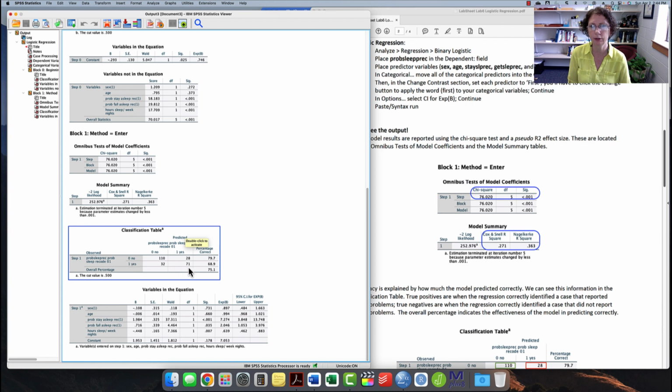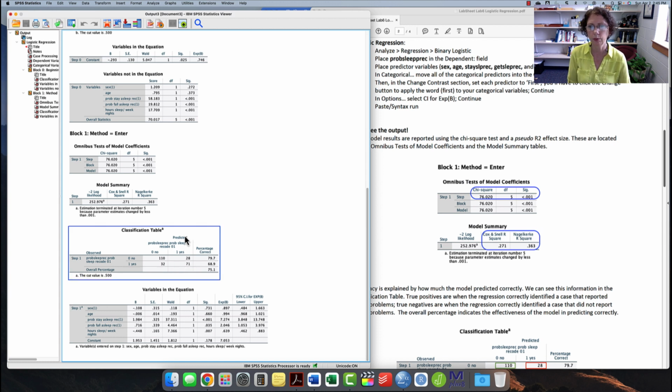So here you have your true positives at 71. So we predicted yes, and yes was the actual data. And we have our true negatives. We predicted that these cases would not report sleeping problems, and that was the case in the actual data. Those would be when the logistic regression got it right.